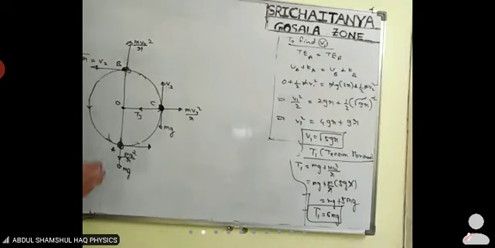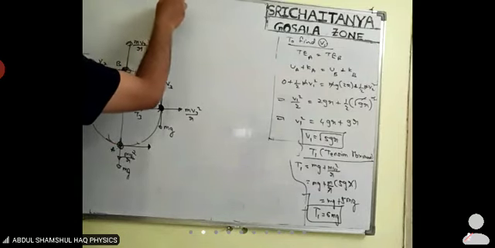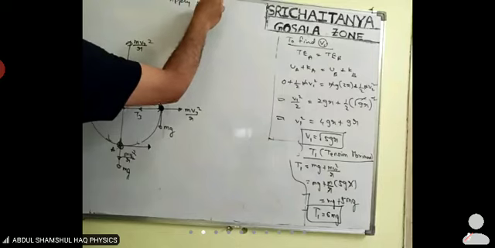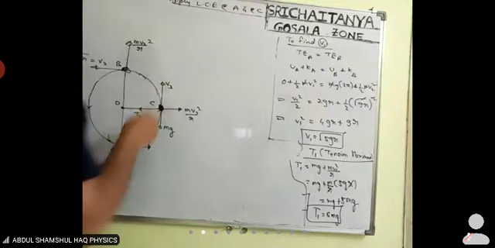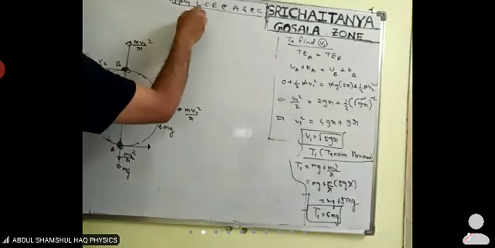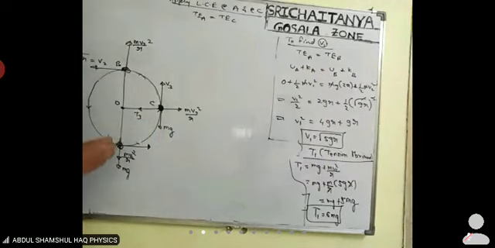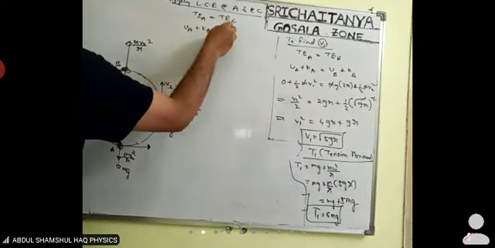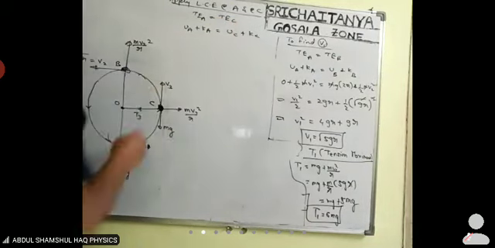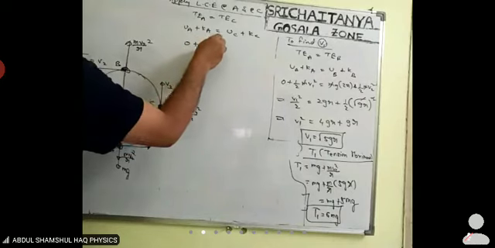So let us see the total energy conservation at A and C. Apply the law of conservation of energy at point A and at point C. That is, total energy at A is equal to total energy at C. That is, potential plus kinetic energy at A equals potential plus kinetic energy at C. Potential at A will be 0 and kinetic is half m v1 square.